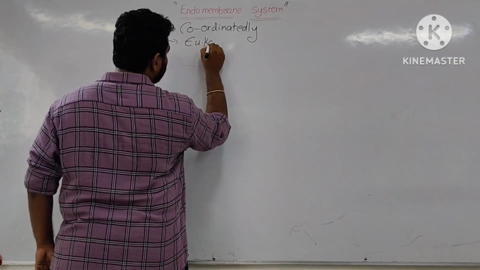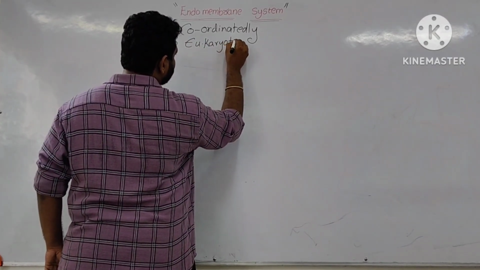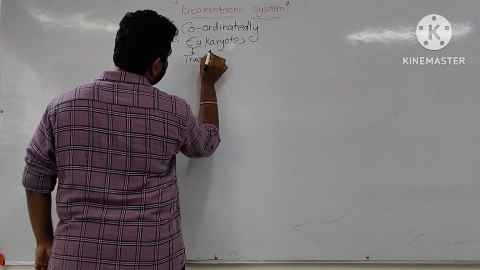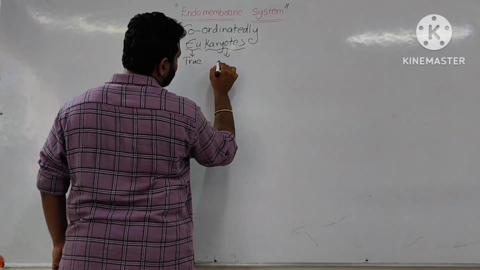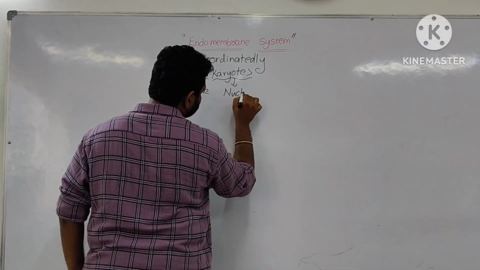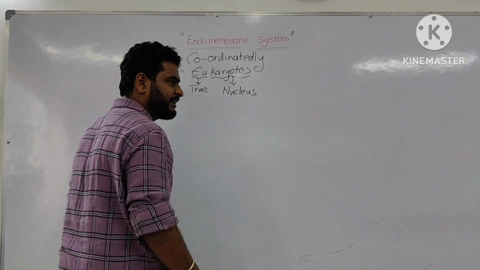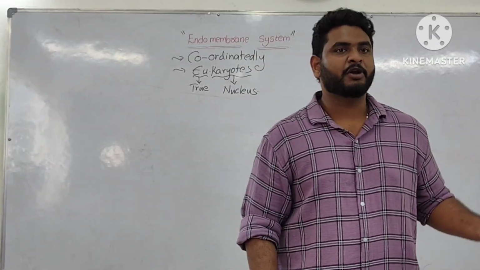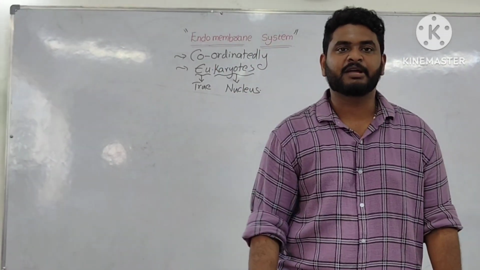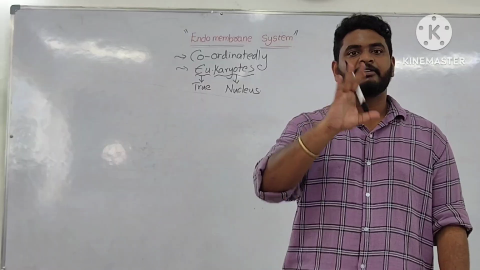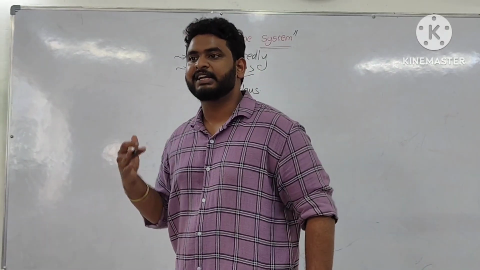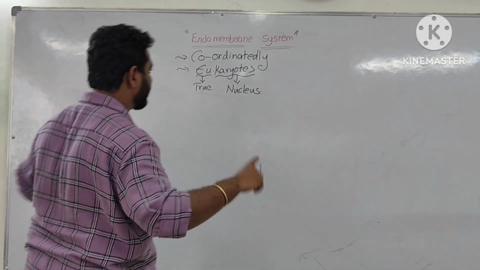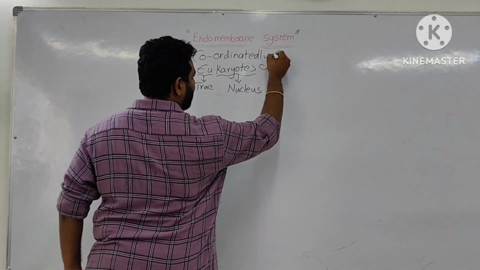Eu means true and karyote means nucleus, which means organisms like human beings, plants, fungi and some protists. This kind of endomembrane system can be found in them. Right. We'll describe what these endomembrane system organelles are. They include the 4 main organelles which I have told earlier.